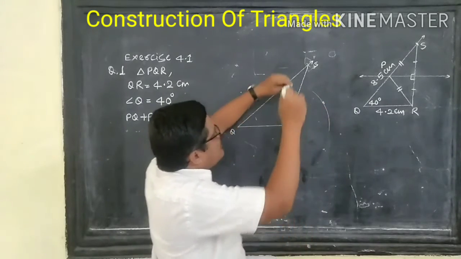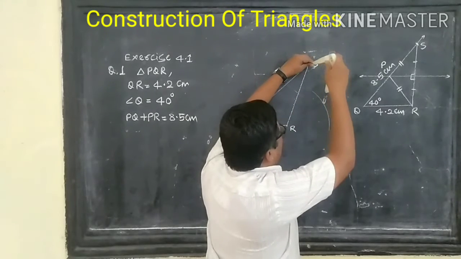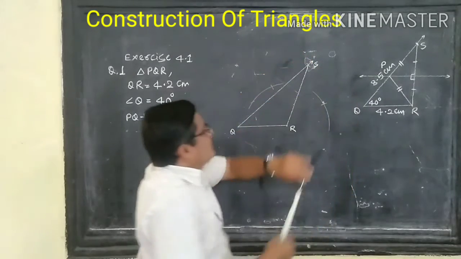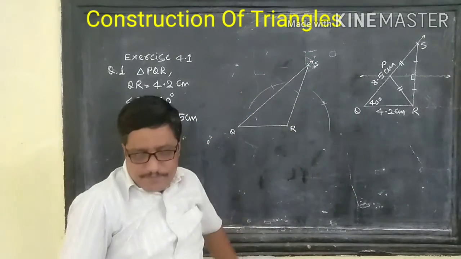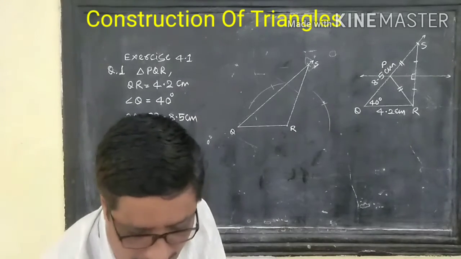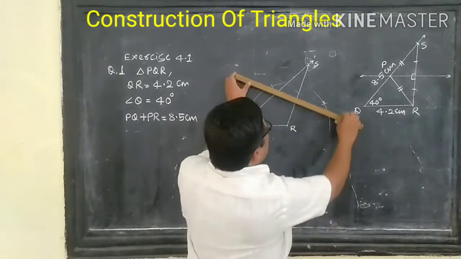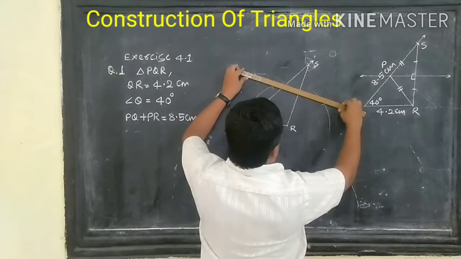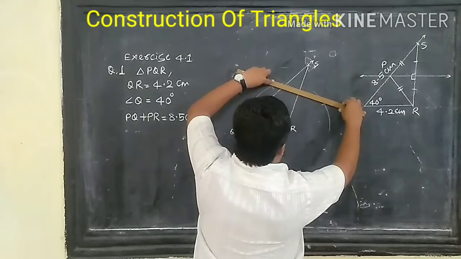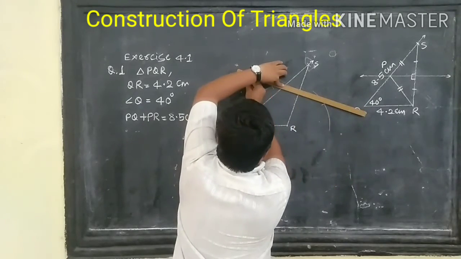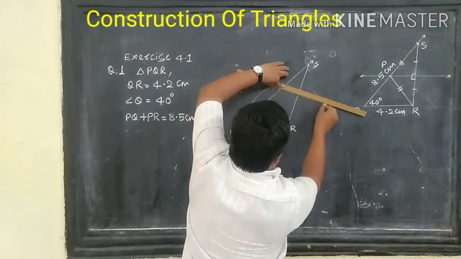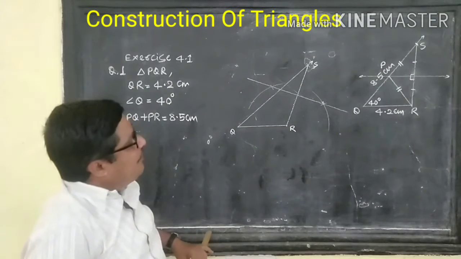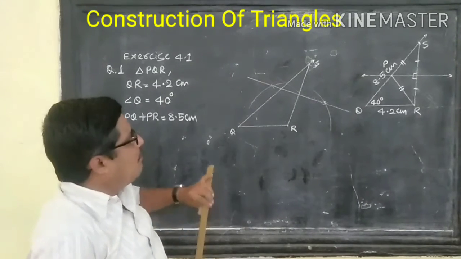First arc must be drawn of longer length, and by the second arc we just have to intersect the first arc. After that we have to draw a line passing through these two points of intersections. So this is a line passing through the points of intersection, that is the perpendicular bisector.